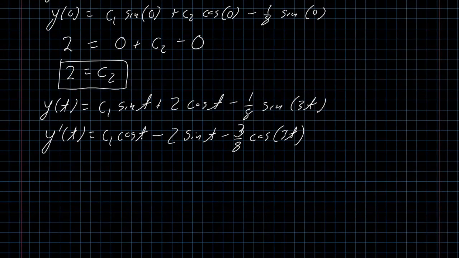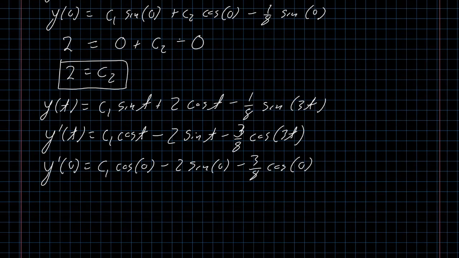Then evaluate using the second initial condition. Y prime of 0 is C1 times the cosine of 0 minus 2 times the sine of 0 minus 3/8 times the cosine of 0. The initial condition said that y prime of 0 is equal to 1, cosine of 0 is 1, sine of 0 is 0, cosine of 0 is still 1.